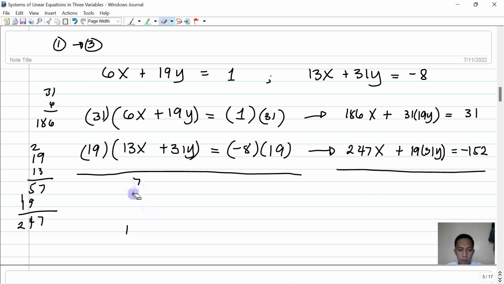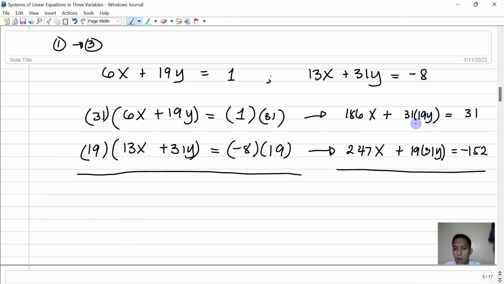So as you can see here, etong ating y has now the same coefficient, 31 times 19. So subtract lang natin. So this is 186x minus 247x. We have here 247 minus 186. Baliktarin na lang natin tapos palitan natin yung sign na negative.